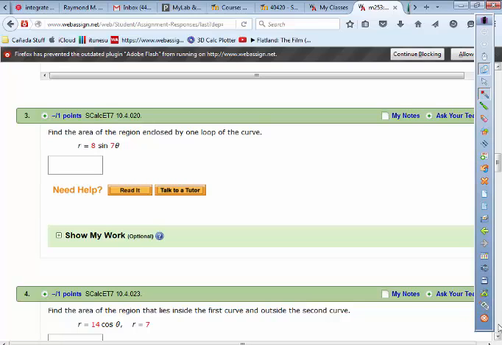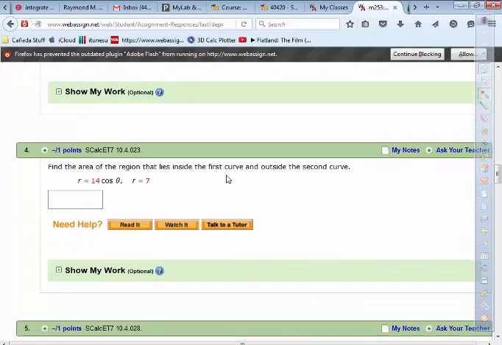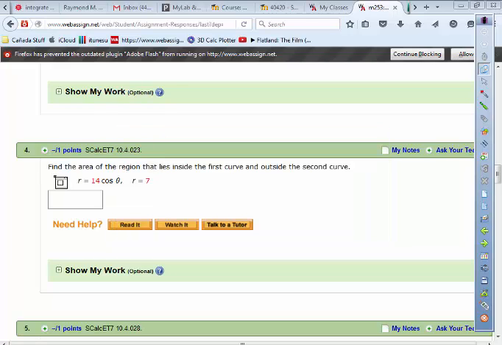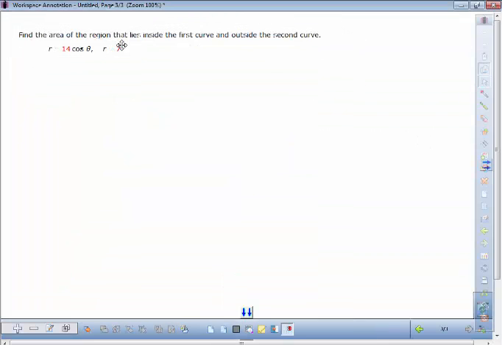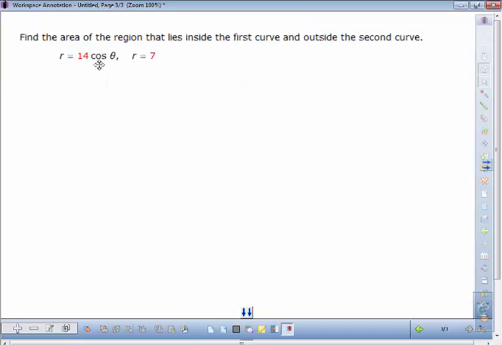Find the area of one loop. Now here's an interesting one. Find the area of the region that lies between the first curve and outside the second curve. Let's give that a try. And I hope that you've been messing around with your graphing calculator or with some other program that allows you to graph polar coordinates so that you can get a feel for what these things might look like. Like, what do you think the first one's going to look like?